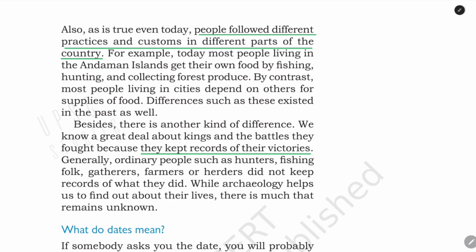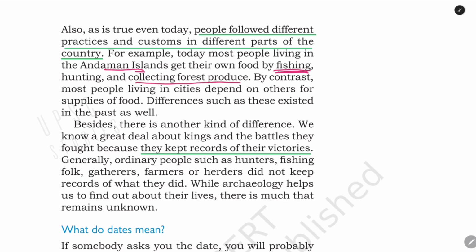By looking at our surroundings, we can say that it is true even today that people follow different practices and customs in different parts of the country. It's not the same for everyone. For example, the Andaman Islanders get their food by fishing, hunting, and collecting forest produce.